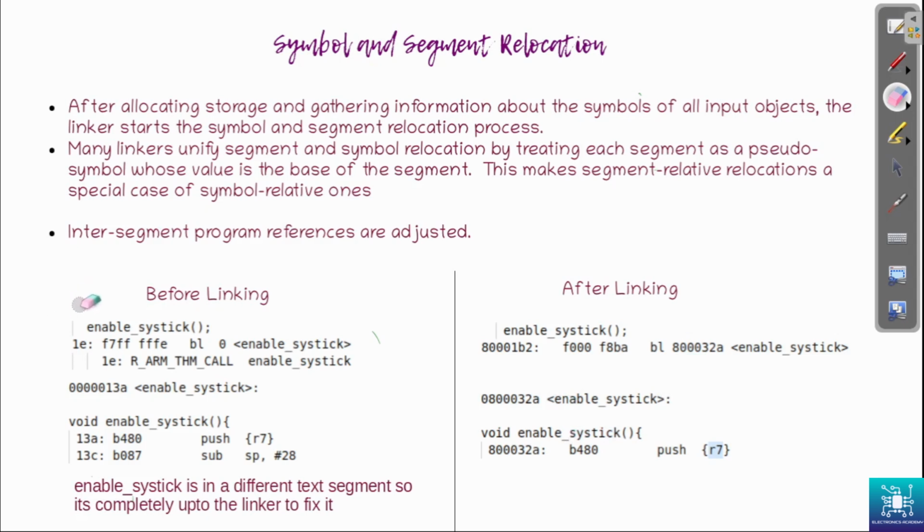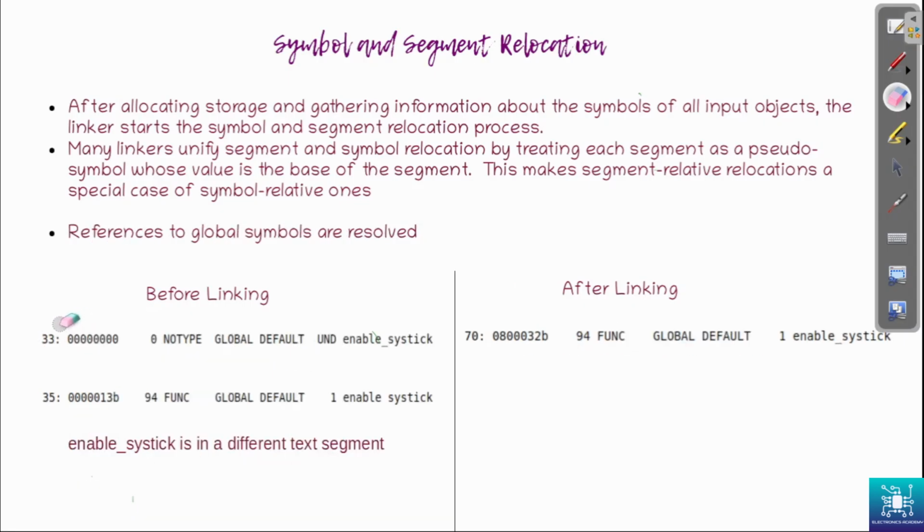So I hope you are able to understand what the linker is doing. It does a lot of work actually. And then references to global symbols are resolved. You see this global symbol enable sysdig, which is undefined in the particular function wherever it is called.